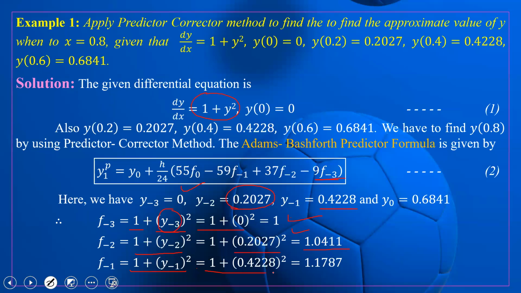So 1 plus 0.4228 whole square is equal to 1.1787. Similarly, if you want to find f of 0, f of 0 is equal to 1 plus y0 whole square, which is 1 plus 0.6841 whole square, equal to 1.4680.